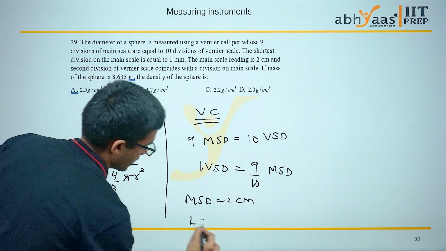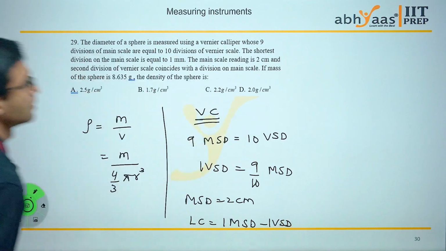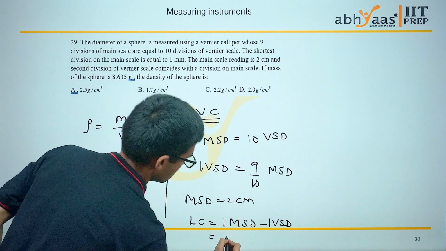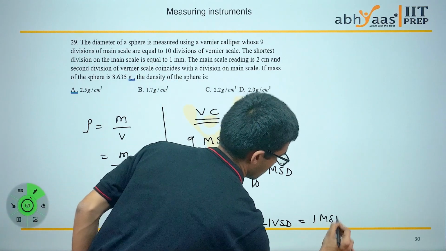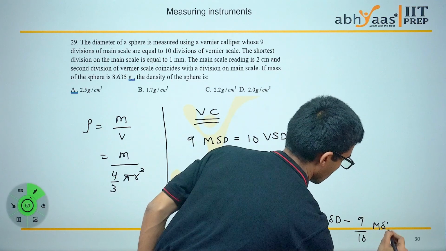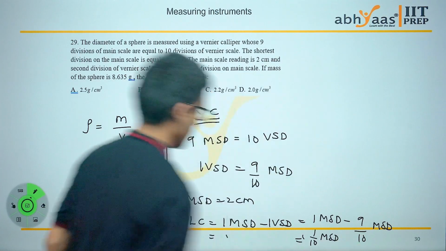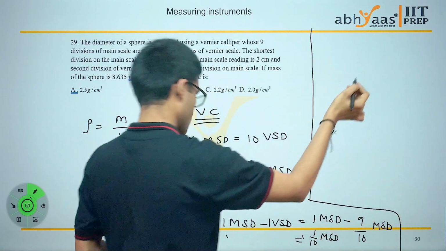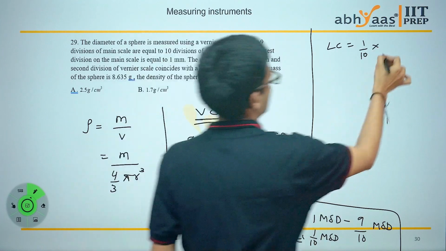Least count, how will we calculate? Least count equals 1 MSD minus 1 VSD. 1 MSD is 2 centimeters, and 1 VSD is 9 by 10 MSD. So that will be 1 by 10 MSD. Least count is equal to 1 by 10 MSD, which is 1 by 10 of 2 centimeters.